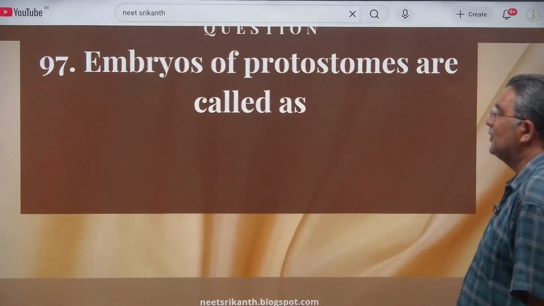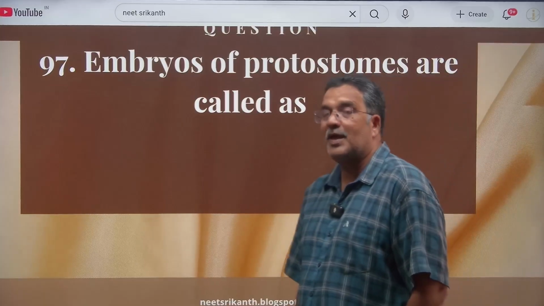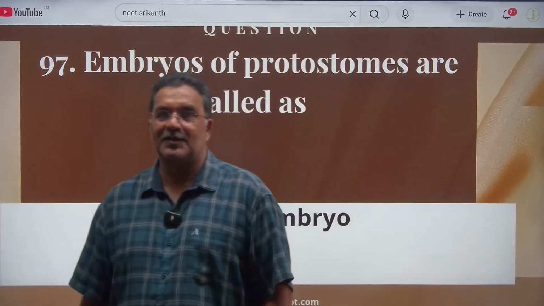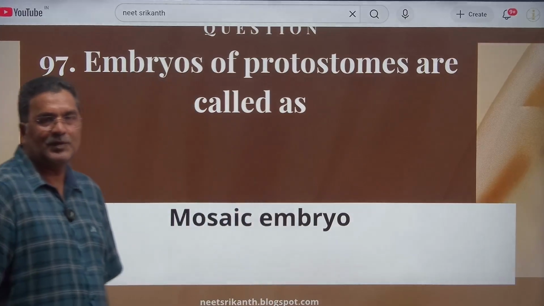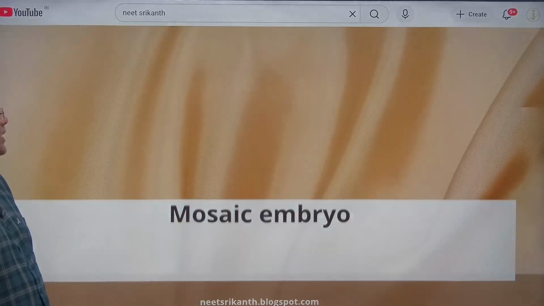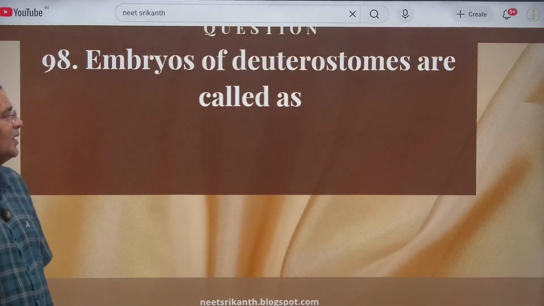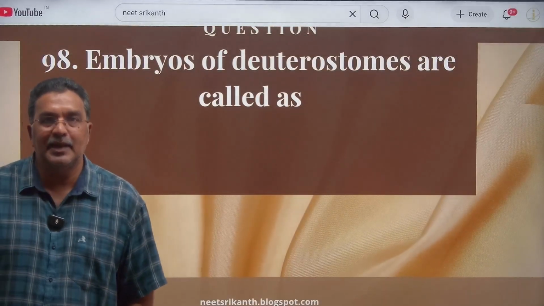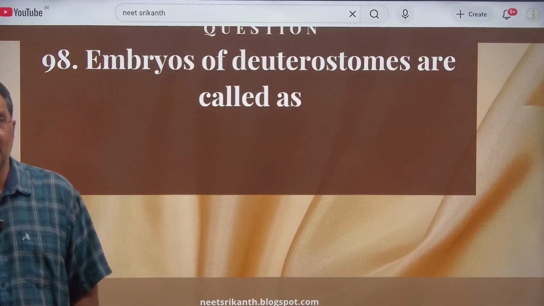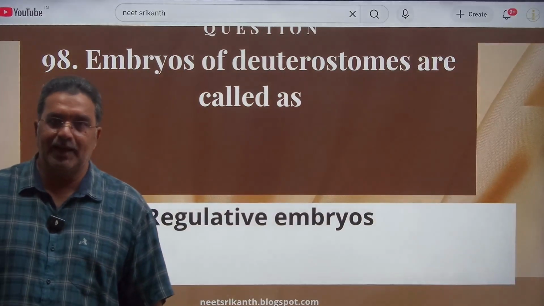Embryos of protostomes are called mosaic embryos due to spiral cleavage. Embryos of deuterostomes are called regulative embryos. How is that embryo formed? Due to radial cleavage.